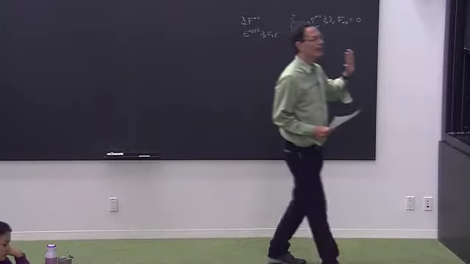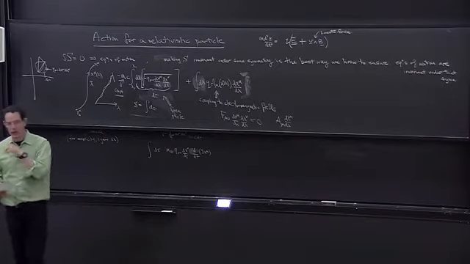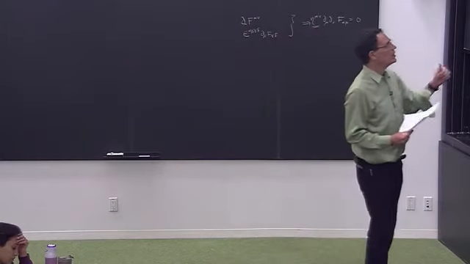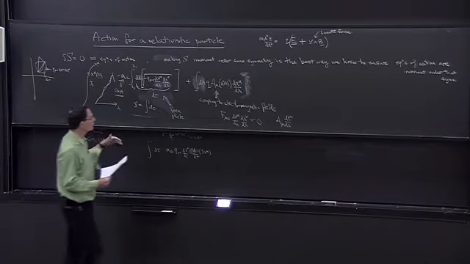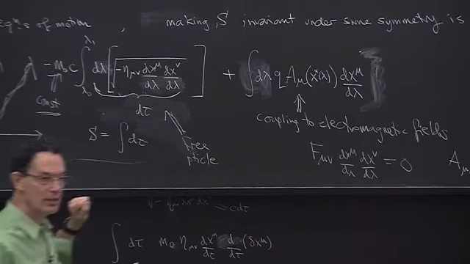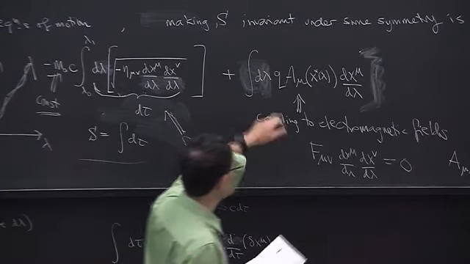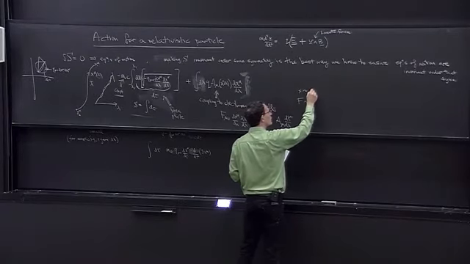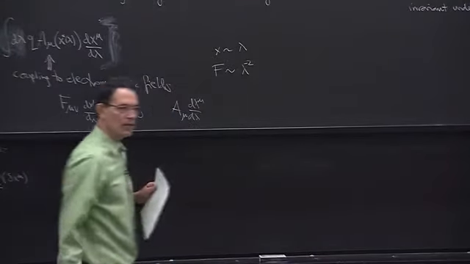I think I already discussed scaling. Remember, if we scale coordinates, we argued you get the inverse square law just from dimensions and scaling symmetry. Likewise, the action should be dimensionless in terms of lengths and times. And you can see that f, if x goes like lambda, f goes like lambda minus 2. That's the inverse square law.